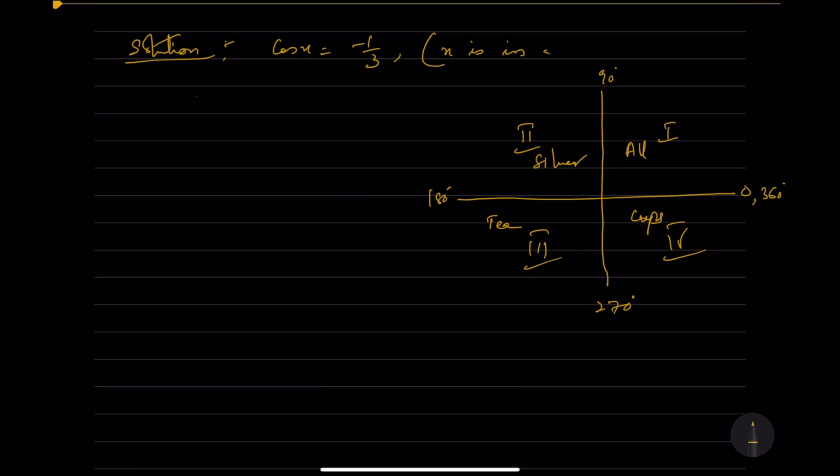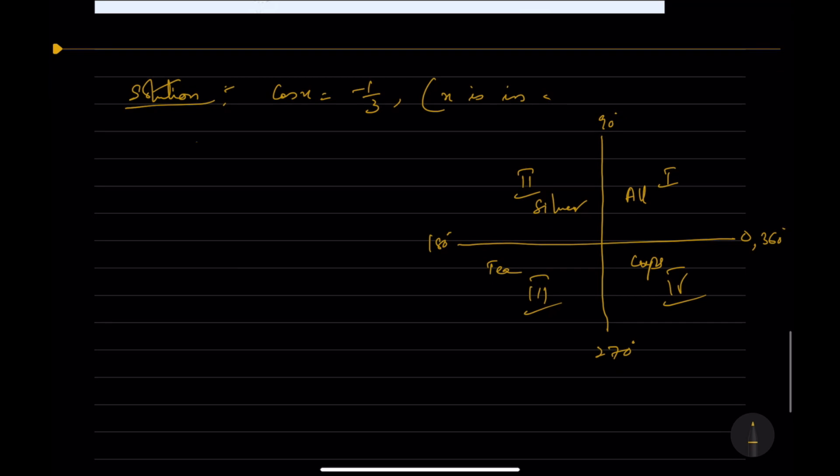So here cos x is equal to minus 1 by 3. X is in which quadrant? It is lying in the third quadrant. So it's given for us. It's given that it is lying in the third quadrant. X is in the third quadrant, so that is x lies between pi and 3 pi by 2.